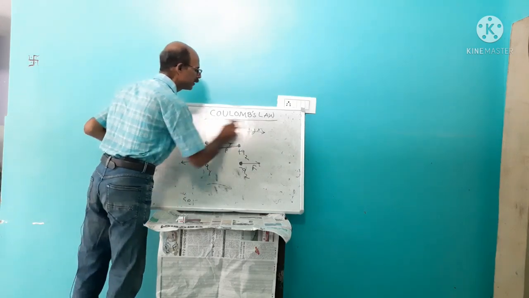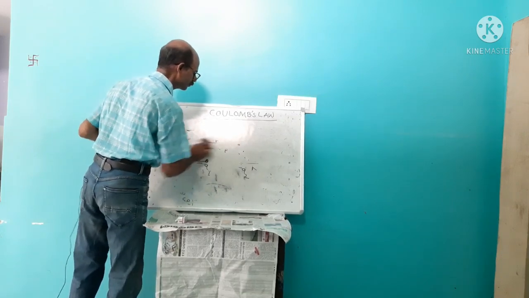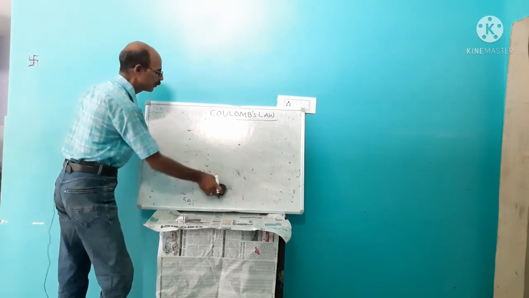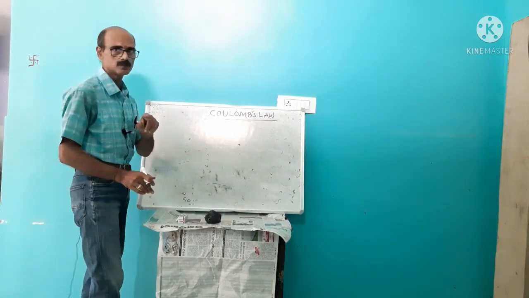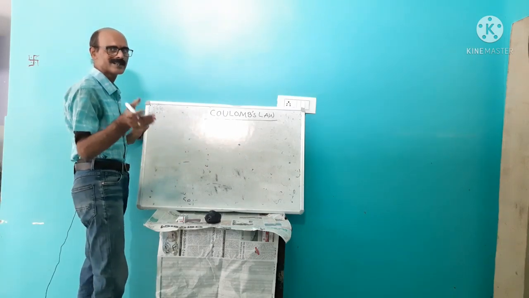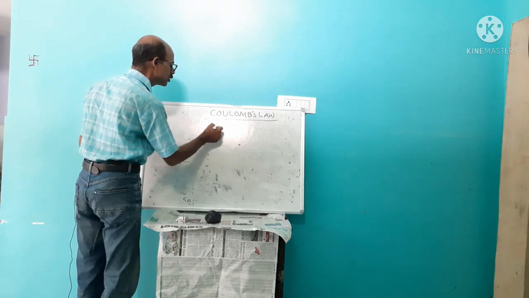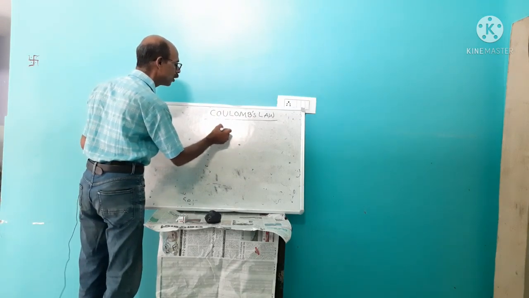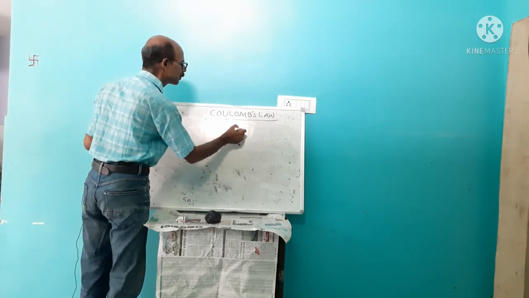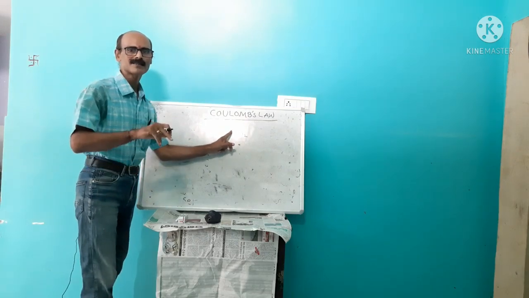Now come to the statement. Here, the statement is the magnitude of force of interaction. Magnitude means force is a vector quantity, it has magnitude as well as direction. I am saying magnitude, so the magnitude of force of attraction or repulsion is directly proportional to the product of the magnitudes of charges. So here we will not take the minus sign or plus sign.